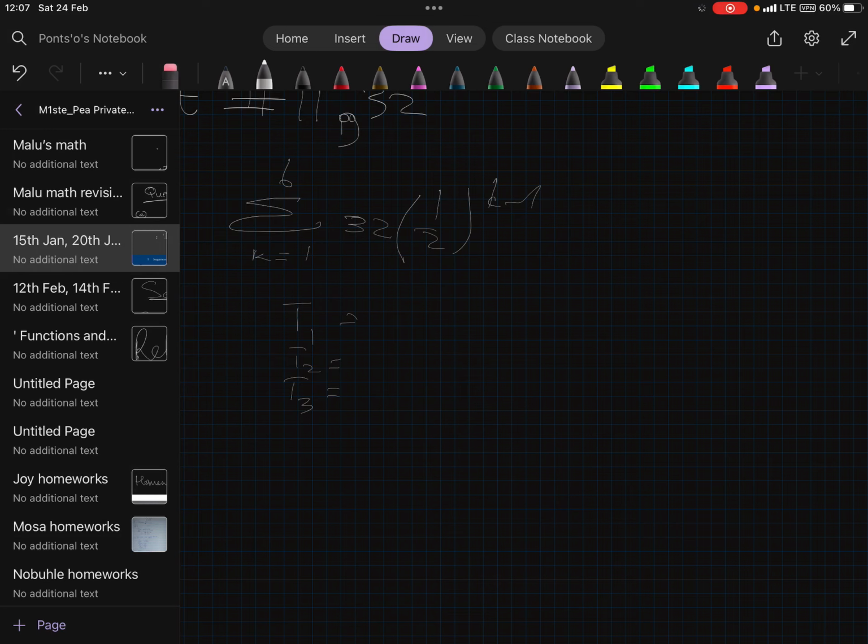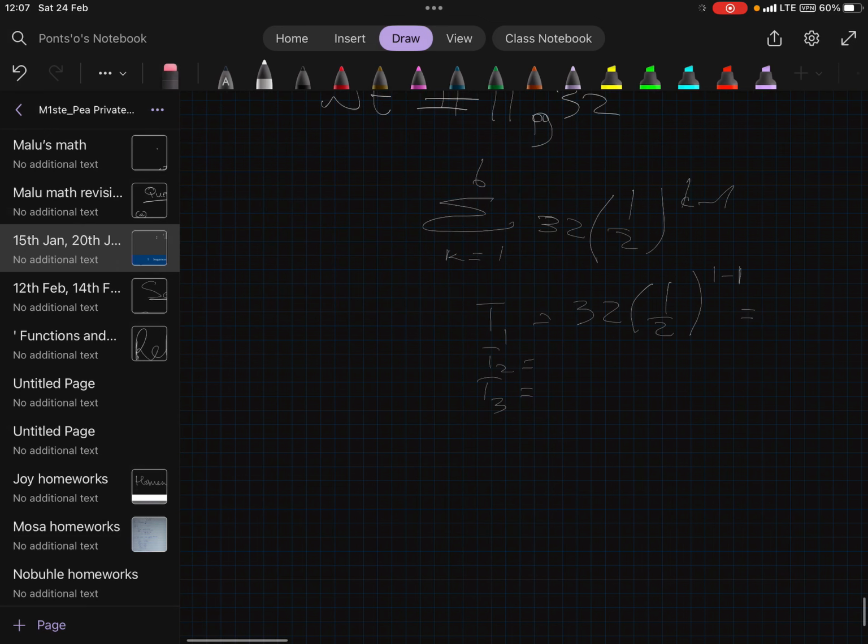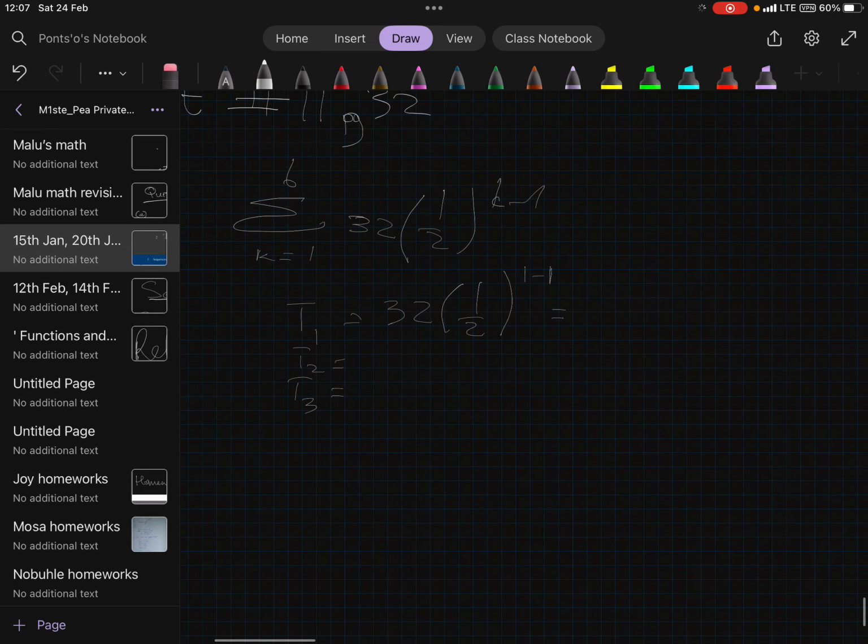So we substitute k equals 1. So we're gonna have k minus 1 at the exponent there, right? So 32 times a half to the power of k, which is 1, minus 1 at the exponent there. Now any number that is to the exponent 0 equals 1.